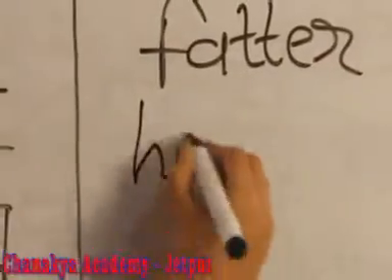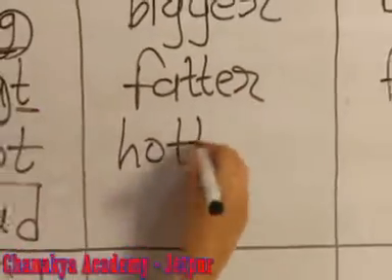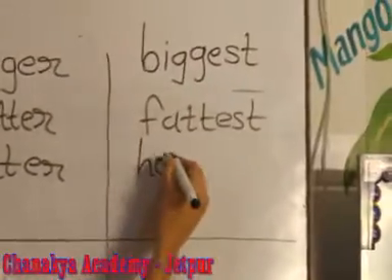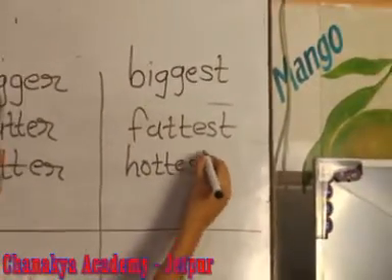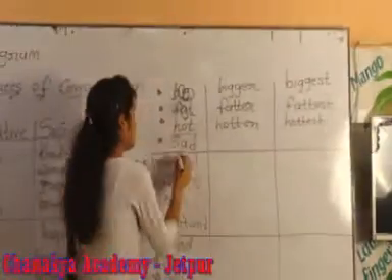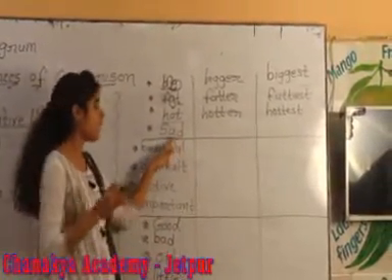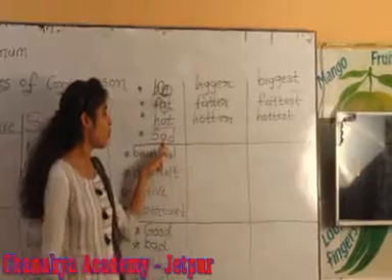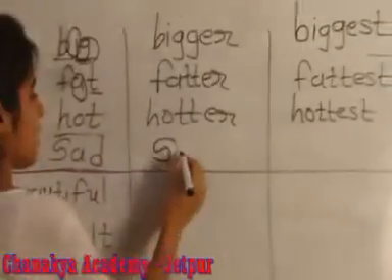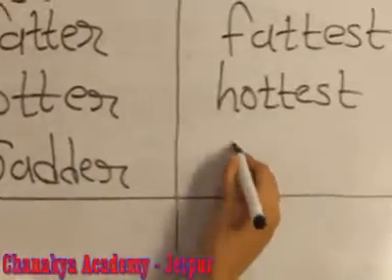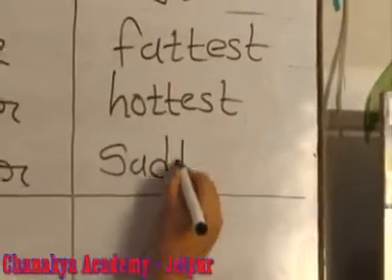So we have to double the consonant, so it will be hotter and hottest. And the last one is sad, ends with a consonant and is preceded by a vowel. So it will be sadder and saddest.